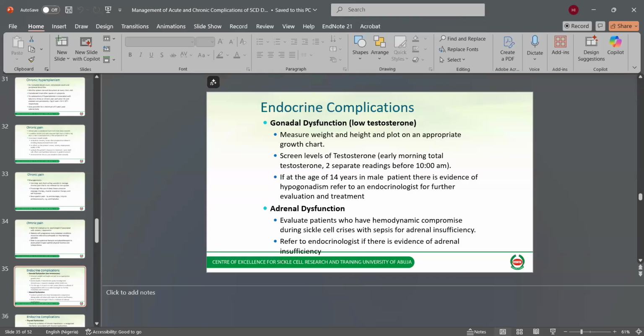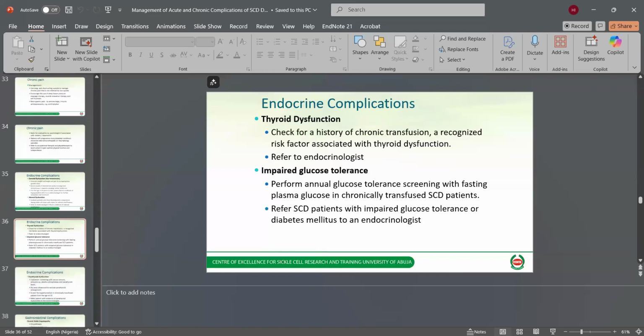Adrenal dysfunction. Evaluate patients who have hemodynamic compromise during sickle cell crisis with sepsis or adrenal insufficiency. Refer to endocrinologists if there is evidence of adrenal insufficiency.